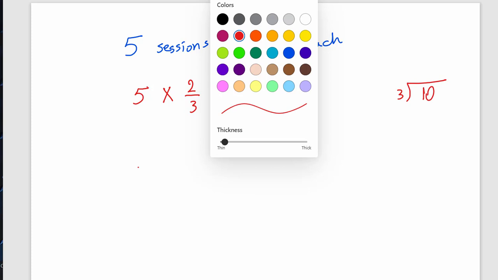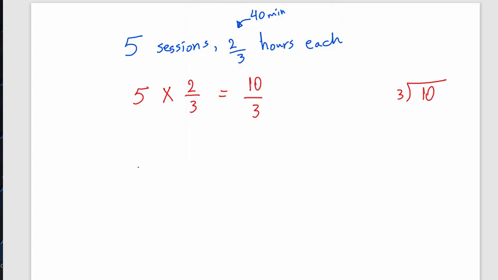Let's do it. 10 divided by 3 equals 3, because 3 times 3 is 9. I want a number to multiply by 3 that gives 10 or less than 10.